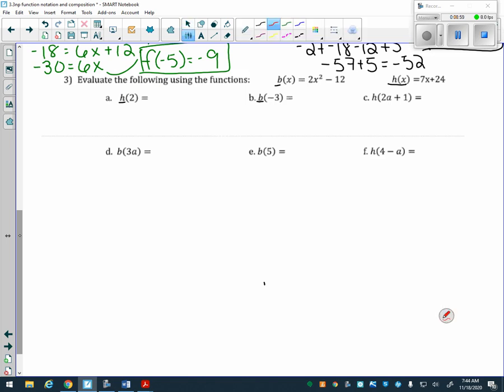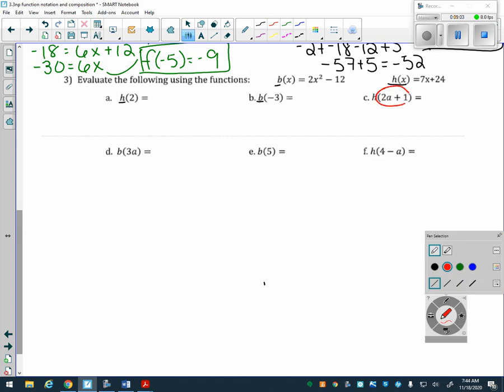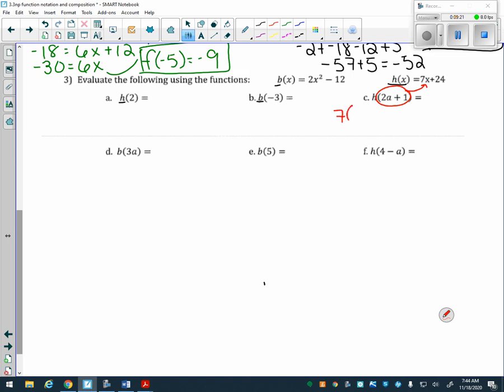Okay, so for C, we are using the h function. Since we are using the h function, we are given an expression to input. Now, we're not given a value, so if you're inputting an expression, you're going to end up with another expression. So h of 2a plus 1, we're inputting this whole thing into x. So you have 7 times (2a plus 1) plus 24.